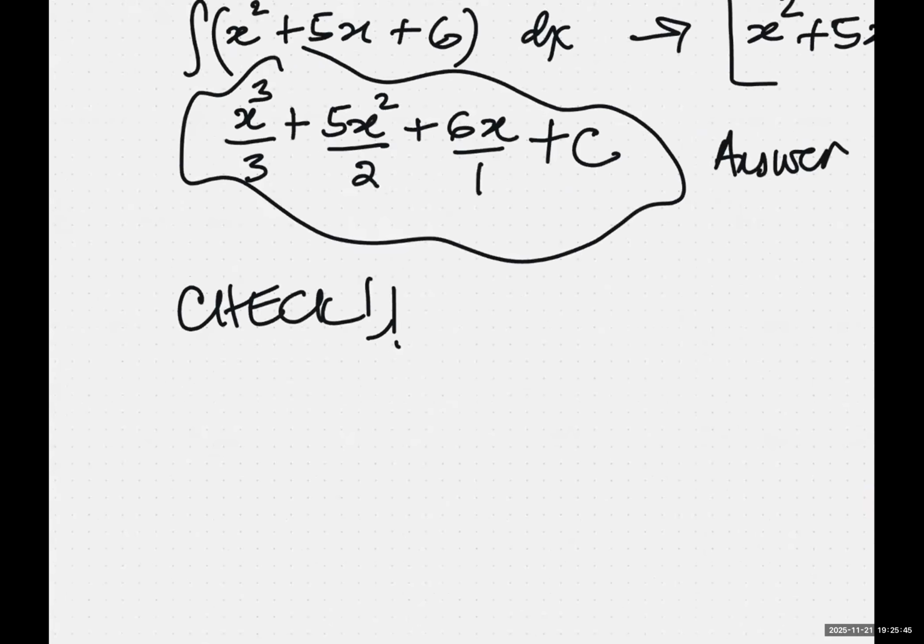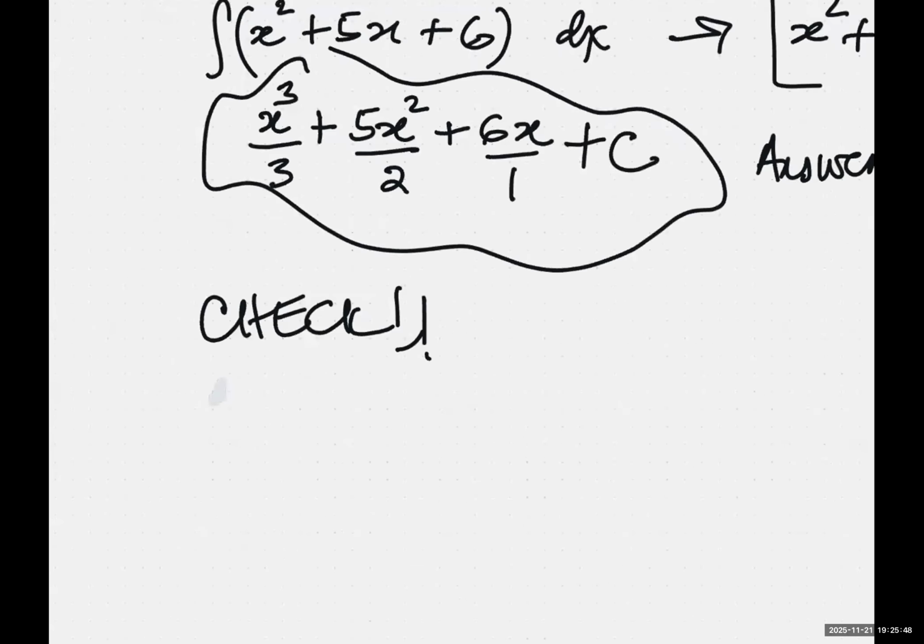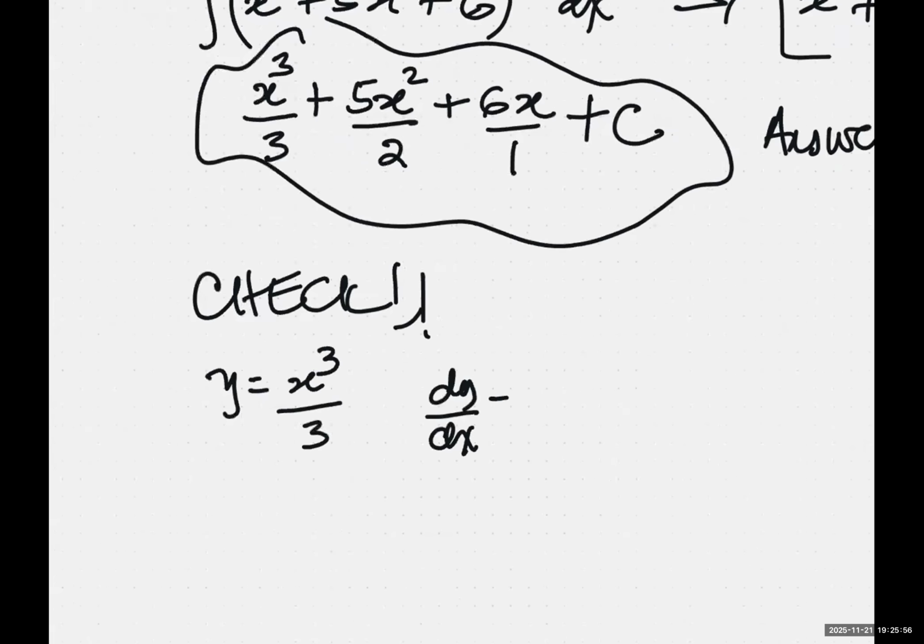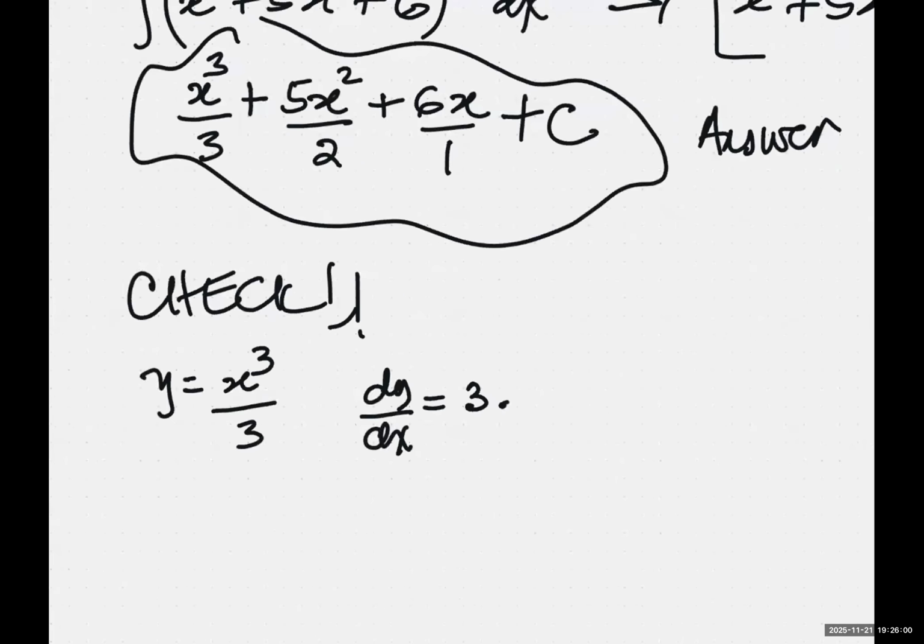y equals x cubed over 3. We're doing the differentiation. dy by dx is equal to the denominator, 3, times the differentiation of the numerator. What's the differential of the numerator? 3x squared. Minus the numerator, x cubed, times the differentiation of the denominator, which is 0, over the denominator squared, which is 3 squared.